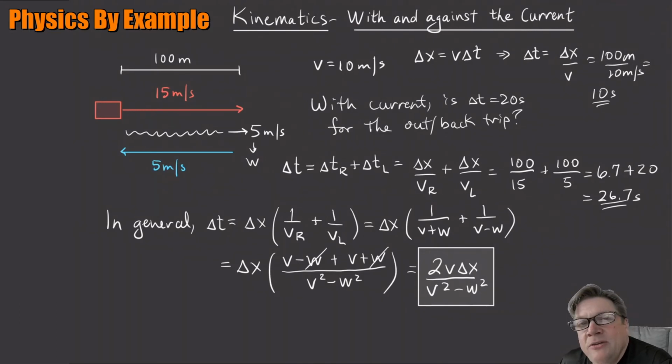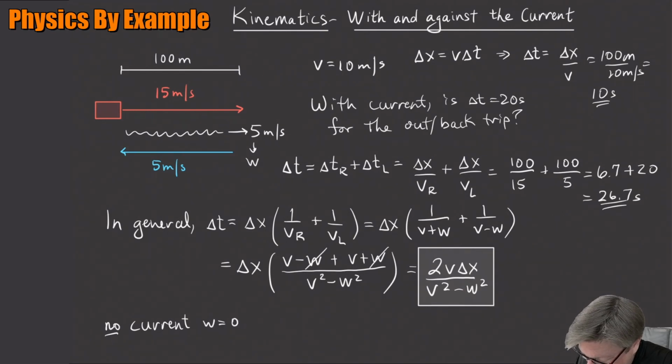And then what we do a lot of times in physics is look at the limiting cases. So suppose there's no current. That's the easy case. So no current, W equals 0. And if you just look at that for a second, if W equals 0, I've just got 2V delta x over V squared.